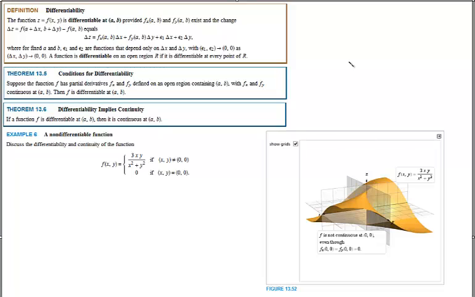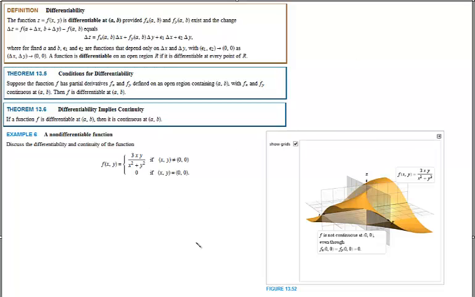We have a definition of differentiability to look at. Just because a partial exists doesn't mean that the function is necessarily differentiable.